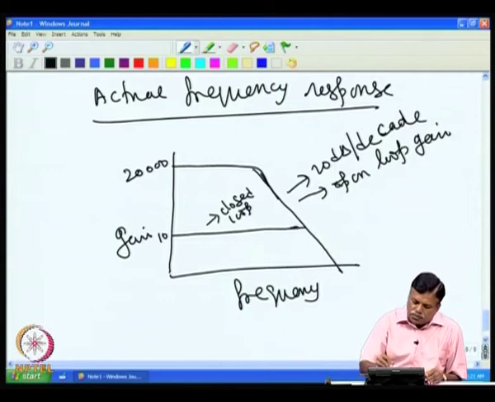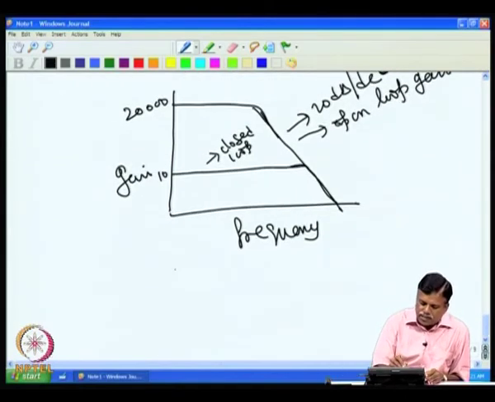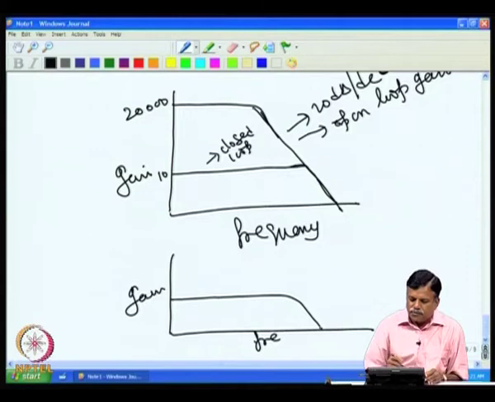It meets at one point, and thereon it follows the open loop curve. So, the new amplifier's bandwidth is like this. If you plot gain versus frequency, that is the amplifier's bandwidth, and this is a gain of 10.